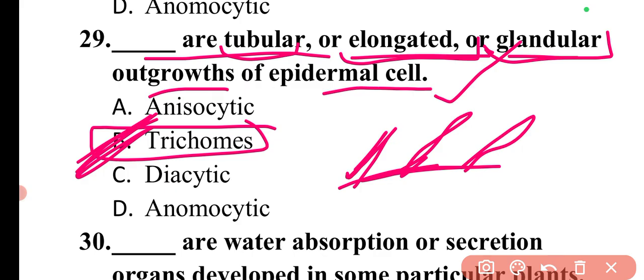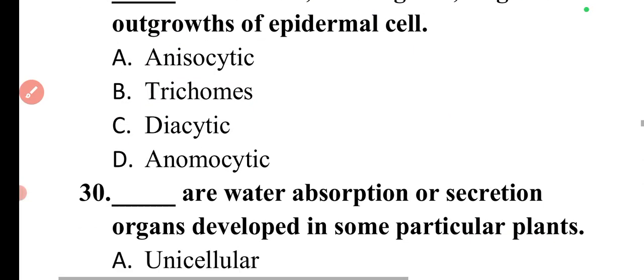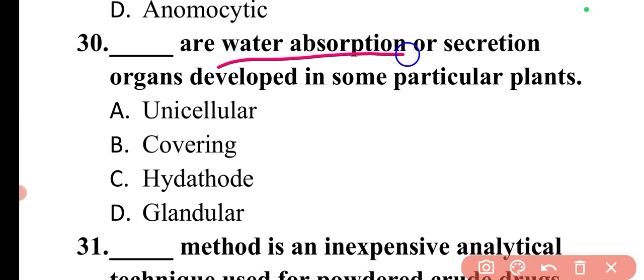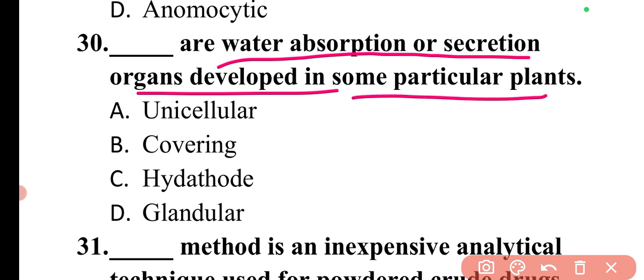Then moving to another question. The question is, dash are water absorption or secretion organs developed in some particular plants. The water absorption and secretion organs which are developed only in some particular plants are known as hydathodes. So here option C will be the correct answer.